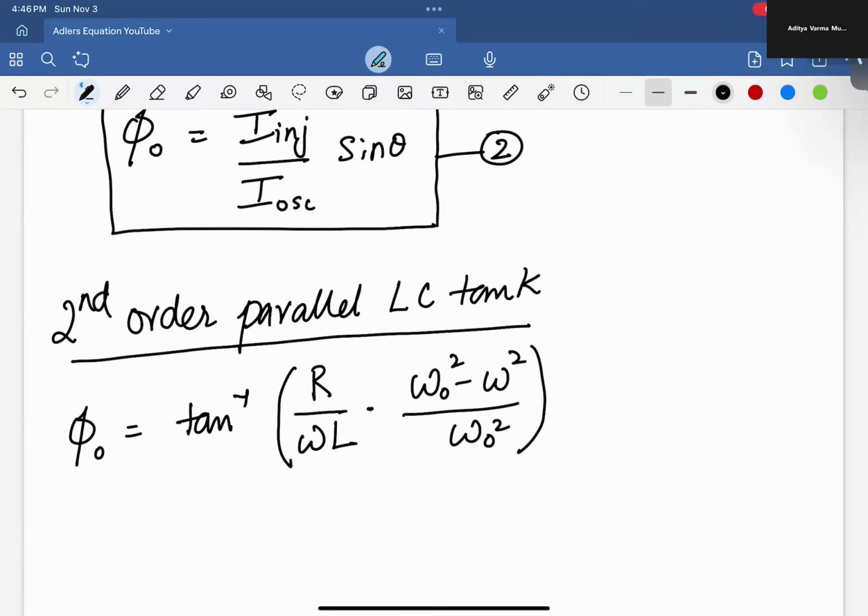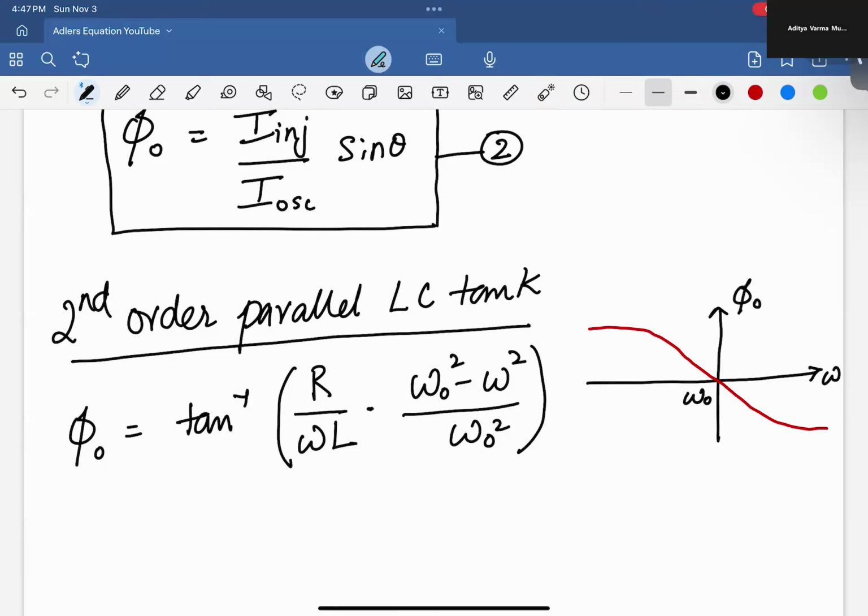Okay, so with this expression in mind, if I look at what this looks like, it looks something like this. Right, and that's kind of what we assumed earlier as well. Right, so here you have omega naught, this is omega, and this is phi naught.